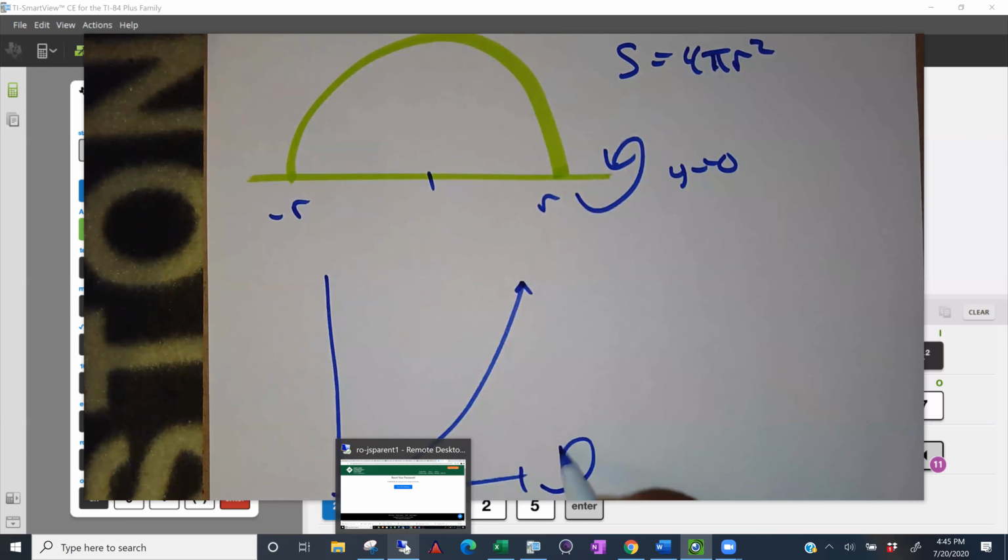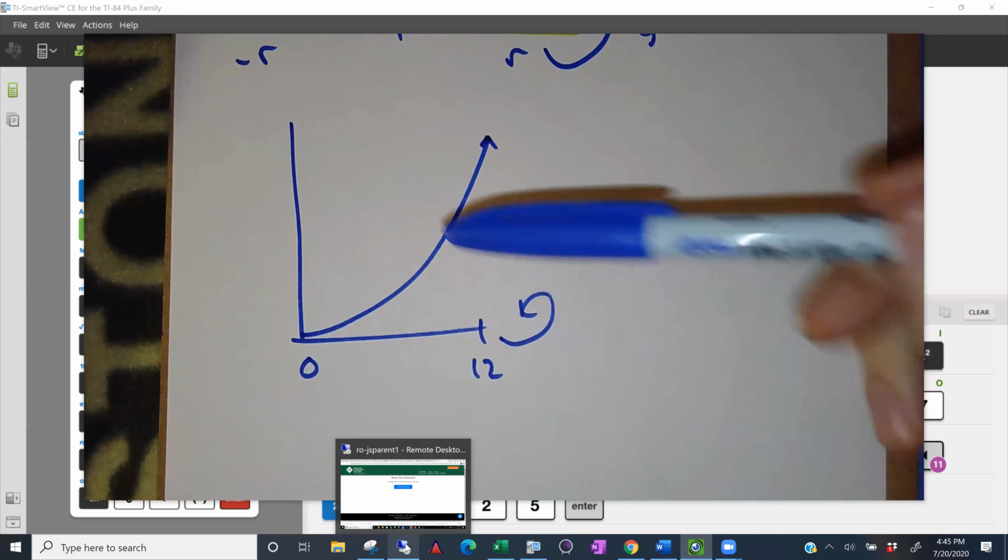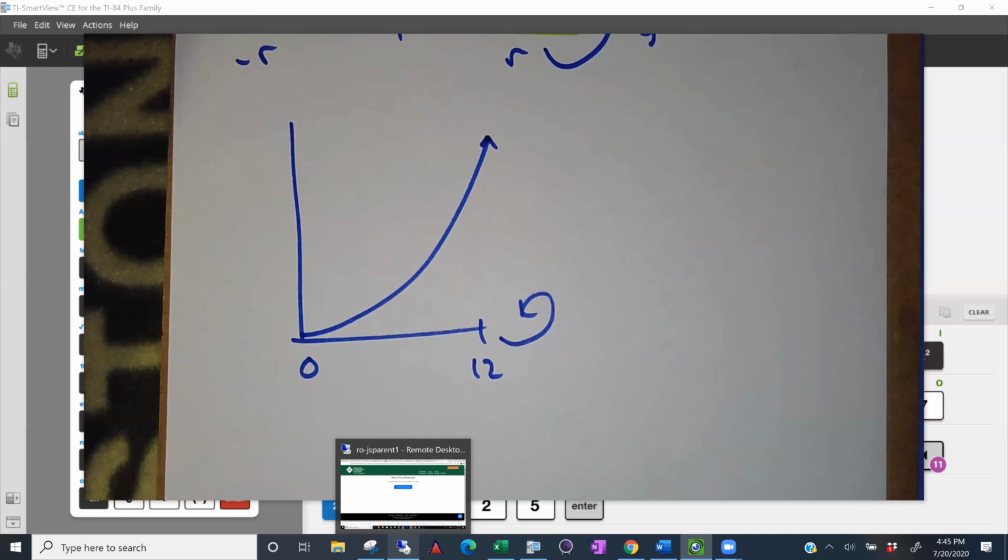You're going to rotate it around the axis. It's going to look kind of like a horn or a bugle, the end of a French horn, that spout that really opens up wide. And you're going to find the surface area of that region.